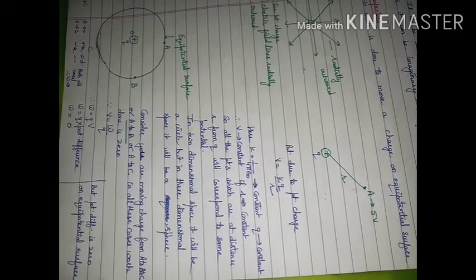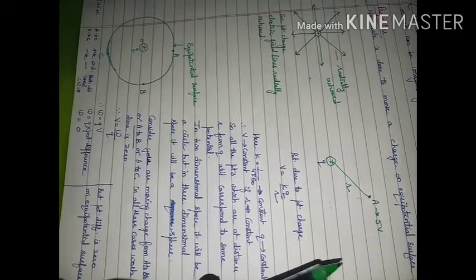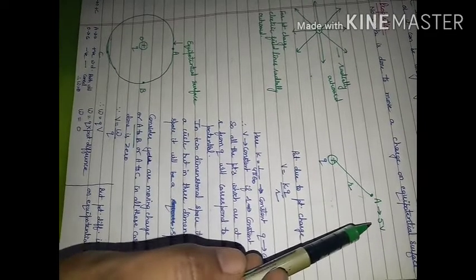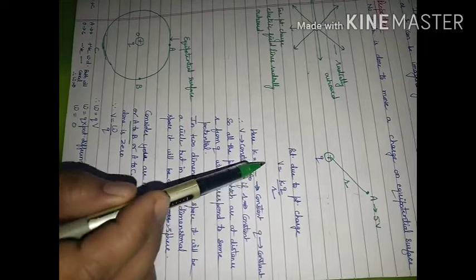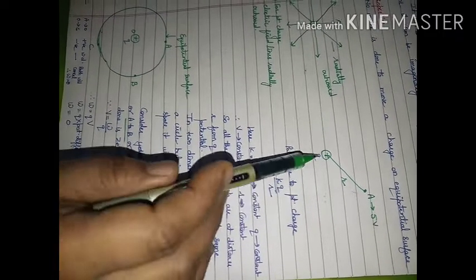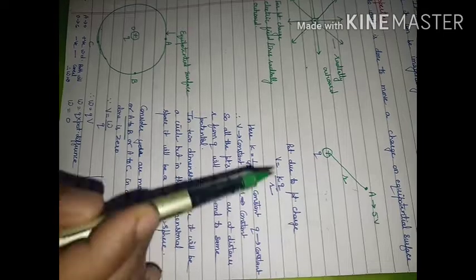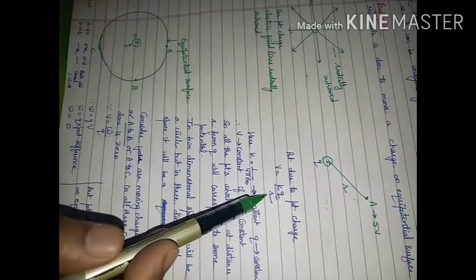If you want to collect all the points which are going to have the same value of potential at every point, then you see for the same value of potential, K is already constant. Charge given to us is already constant. For this to be constant, what else should be constant? R should be constant.